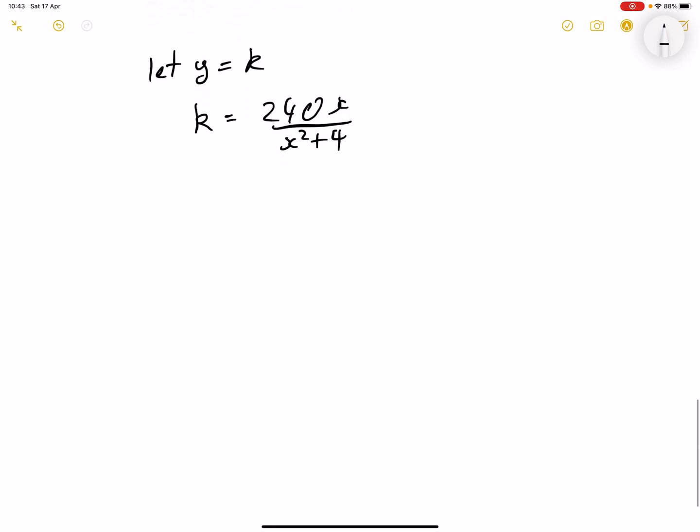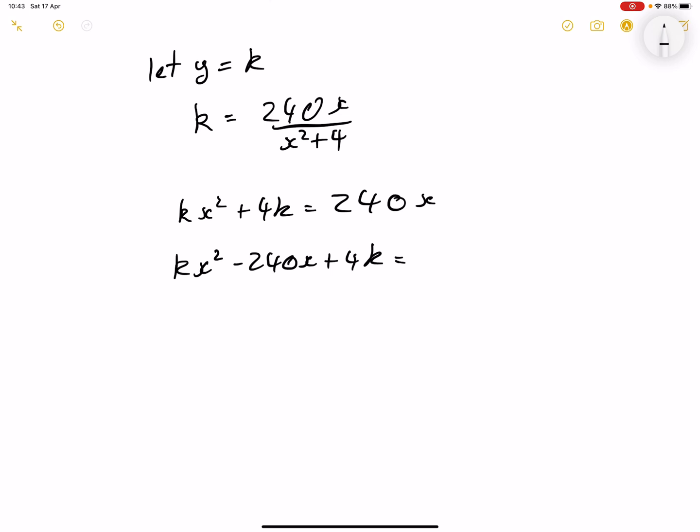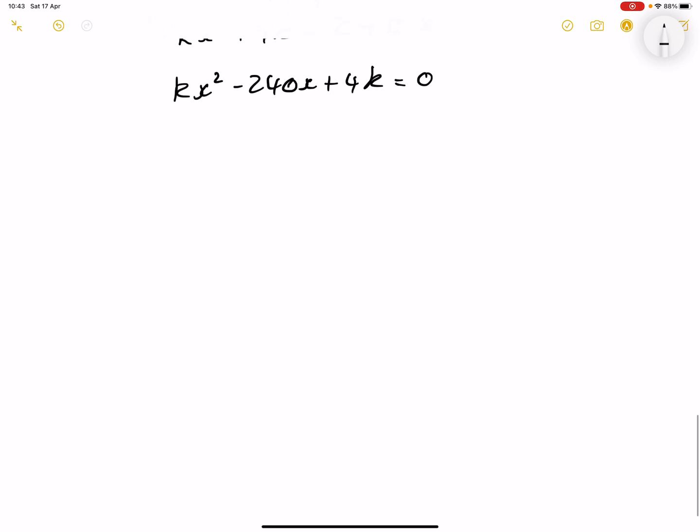And so we have our constant k is equal to the function 240x over x squared plus 4. And we multiply through, so we do kx squared plus 4k is equal to 240x. Then we take everything onto one side, so we get kx squared minus 240x plus 4k is equal to 0. And we use the discriminant and we put it equal to 0.